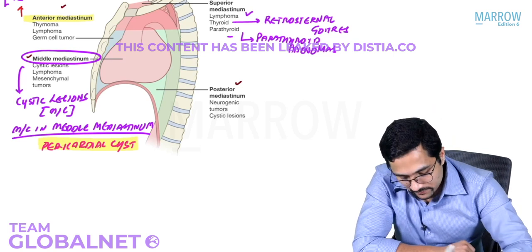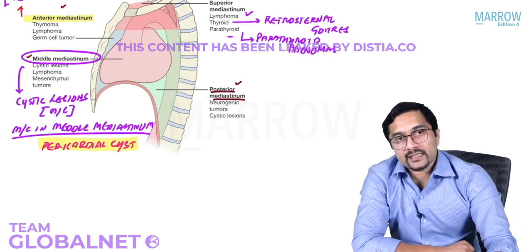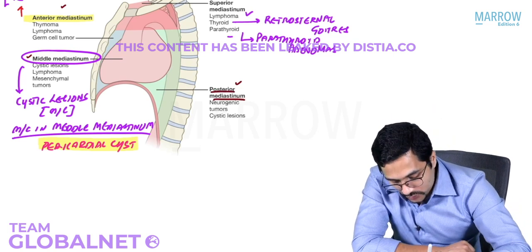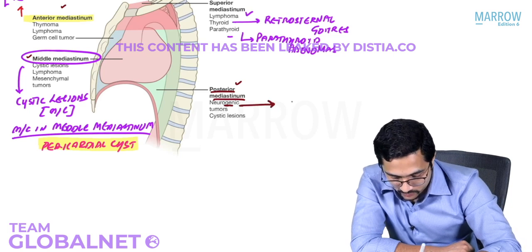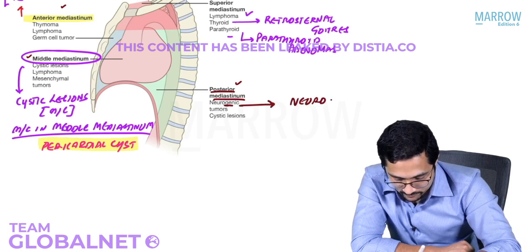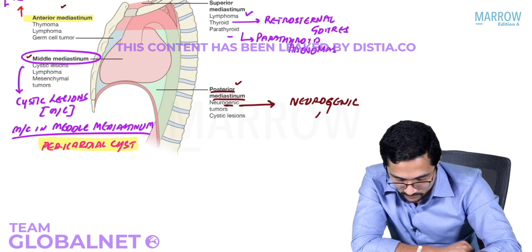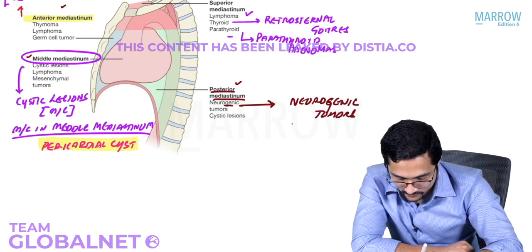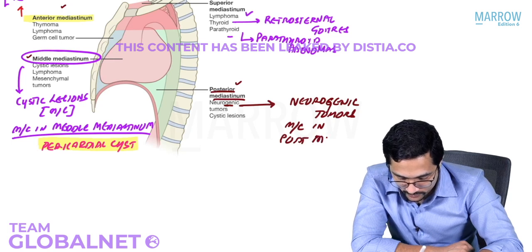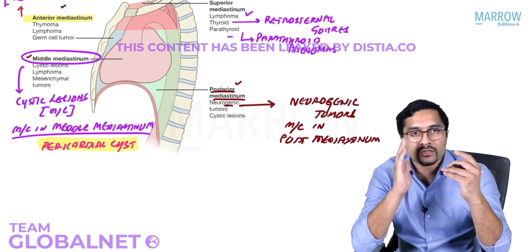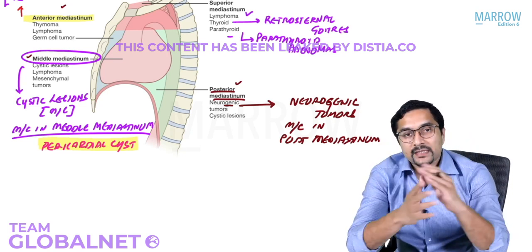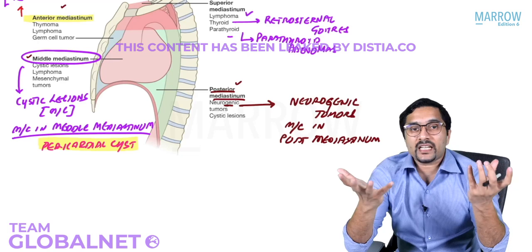Posterior mediastinum. So in the posterior mediastinum, we can get mainly neurogenic tumors. So neurogenic tumors, this is very important for your exam. Neurogenic tumors are most common in the posterior mediastinum. And if you remember your module on adrenal glands, we discussed that neuroblastomas can arise from the sympathetic chain, which is posteriorly placed.